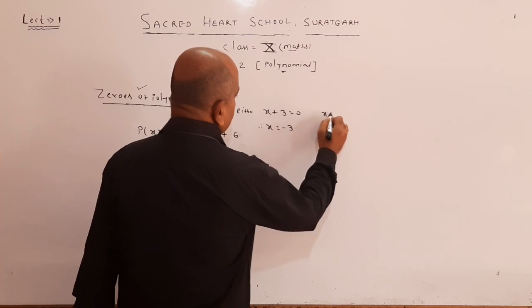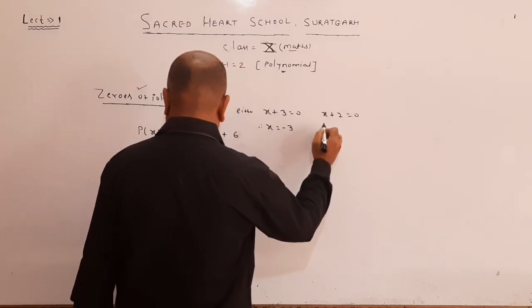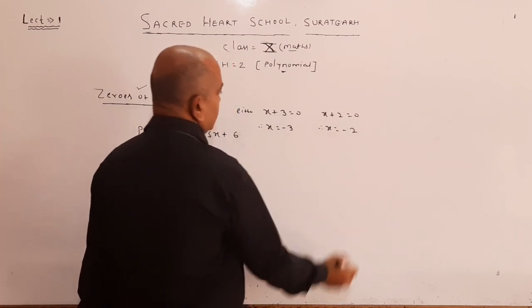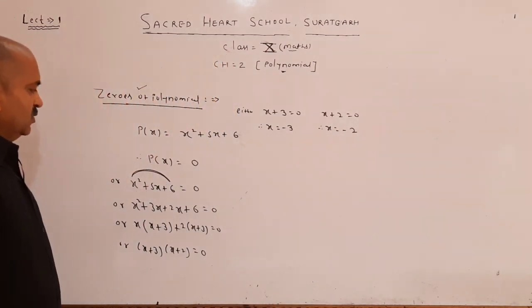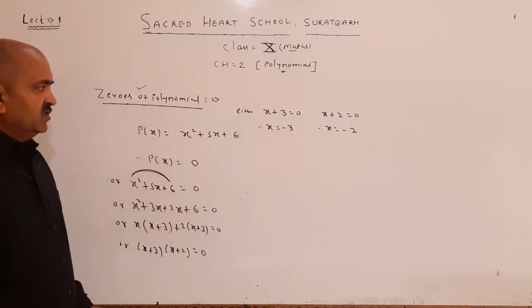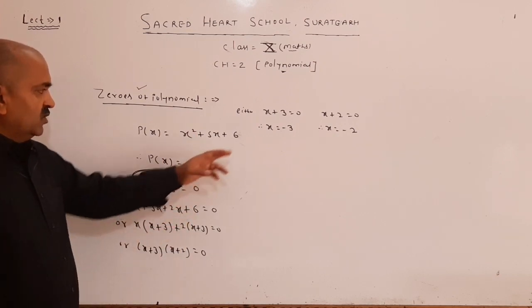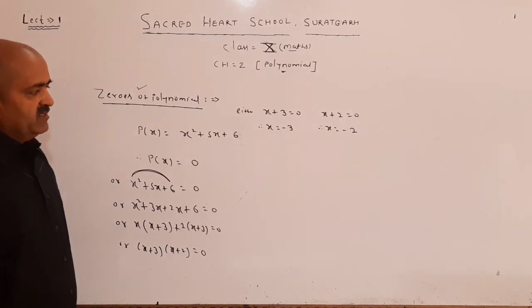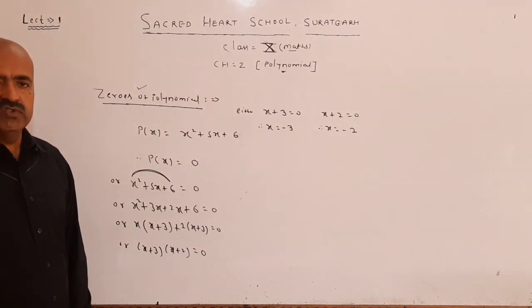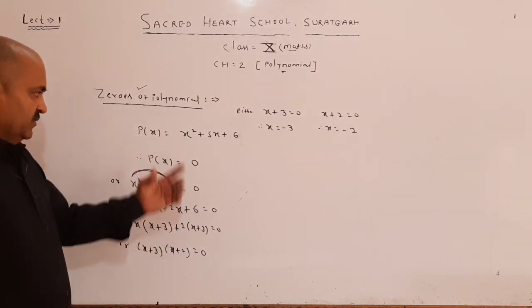And now we take x plus 2 equals 0. So x equals minus 2. So students, how many zeros does this quadratic polynomial have? 2 zeros. x equals minus 3 and x equals minus 2. These both are zeros of the polynomial.